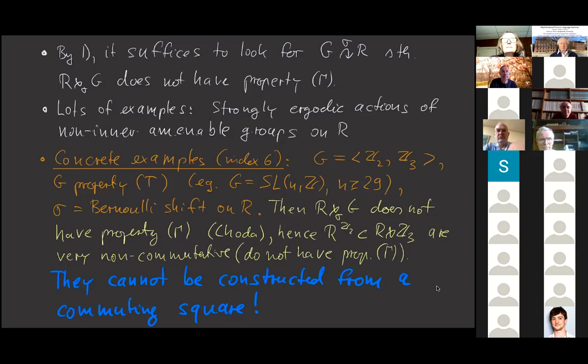So does your technique have any suggestions on how to approach this problem of constructing this particular factor? If I had, then I would be working on it and not talking to you guys. No, I don't think anybody has an idea.